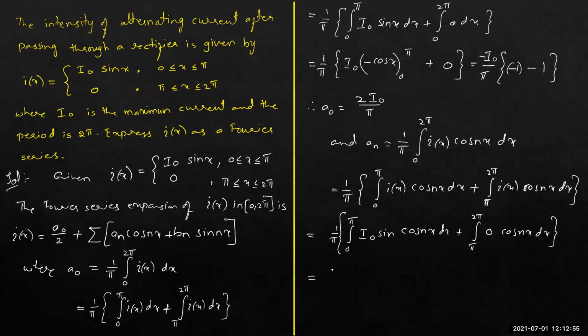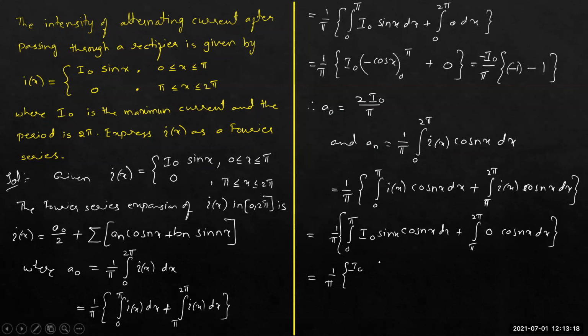Then it is equal to 1 by pi into, look at this function carefully. We have a product of two trigonometric functions. I'm just writing that I naught out of this integral. When you have sin x into cos nx, we have some trigonometric transformations. We need to recall them now.